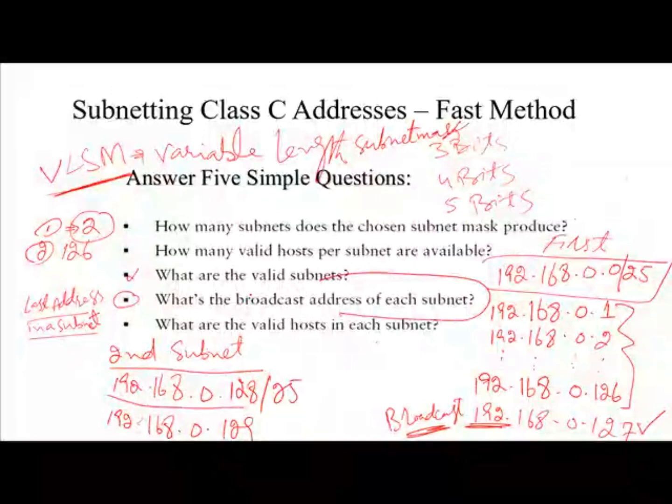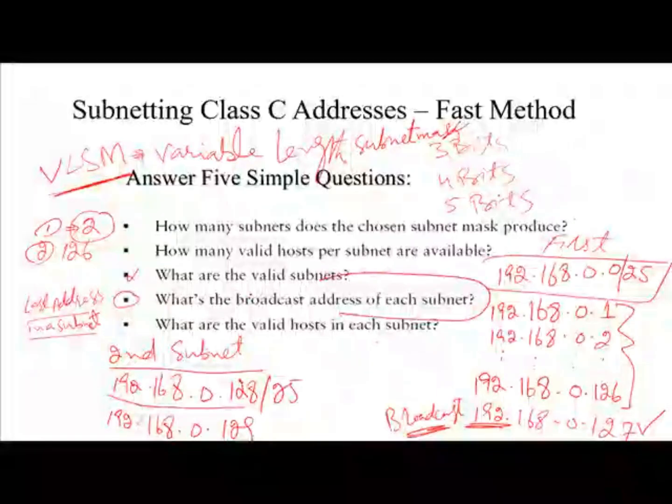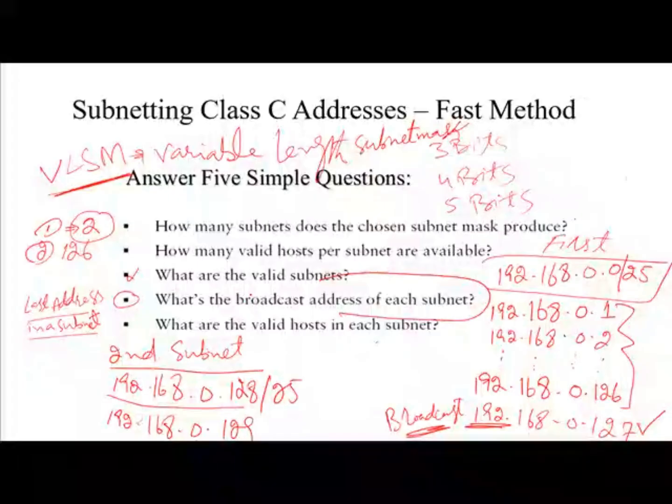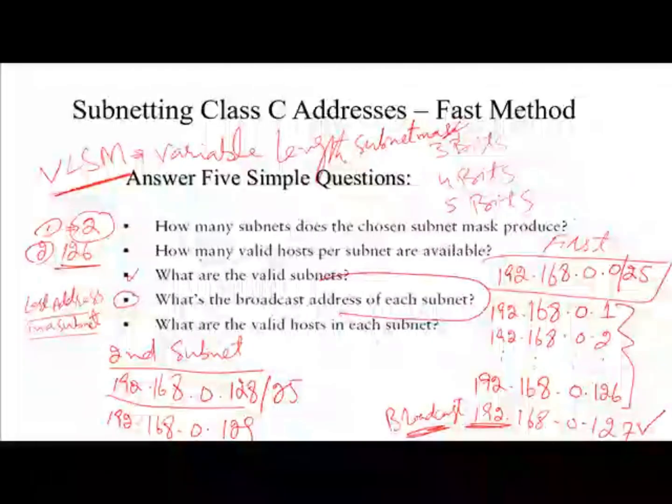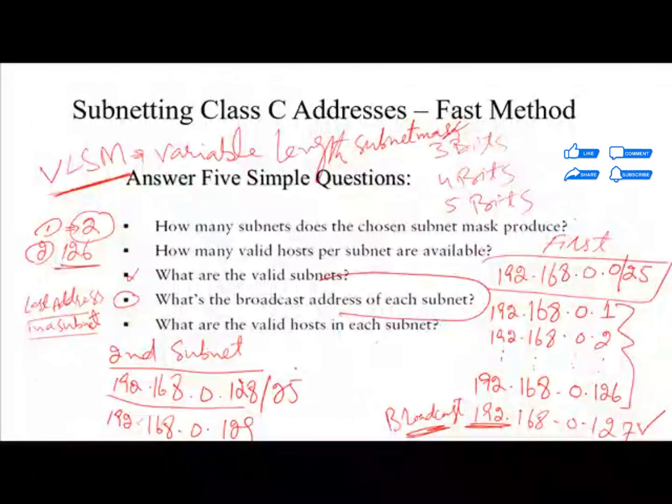I'm asking: what will be the last address after 129 if you move on? 126 addresses can be assigned, so if you count 129, 130, 131, 132, until you reach the 126th address.